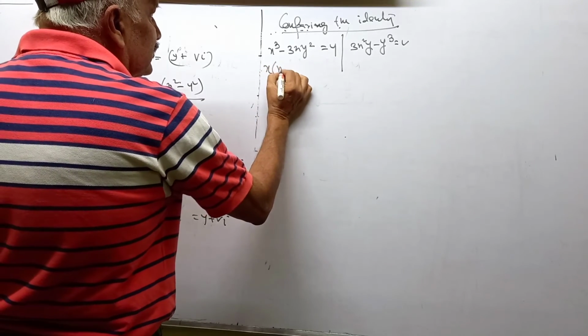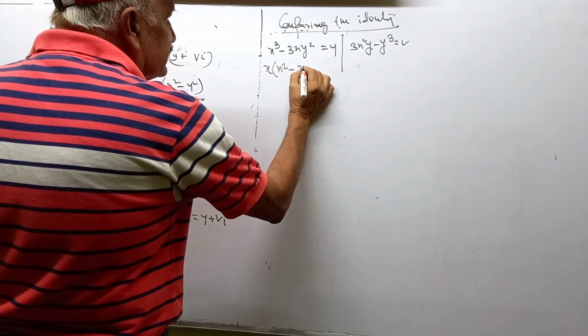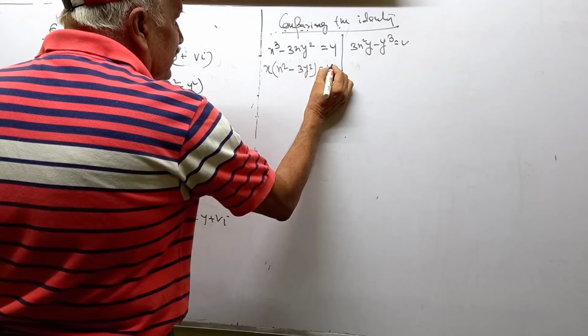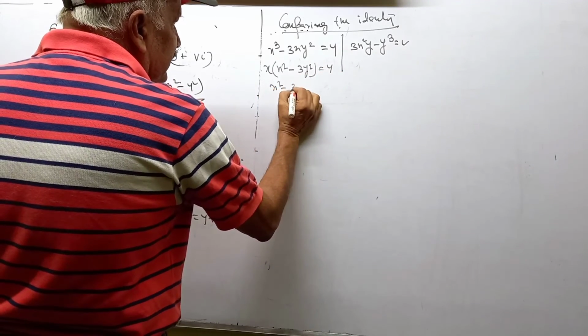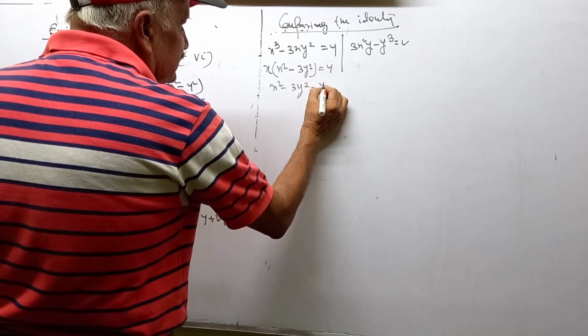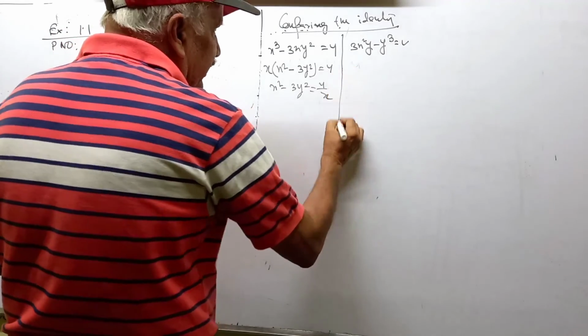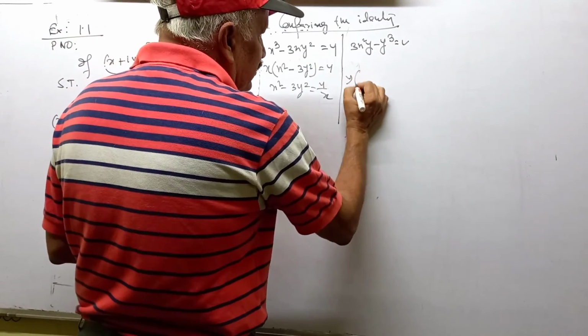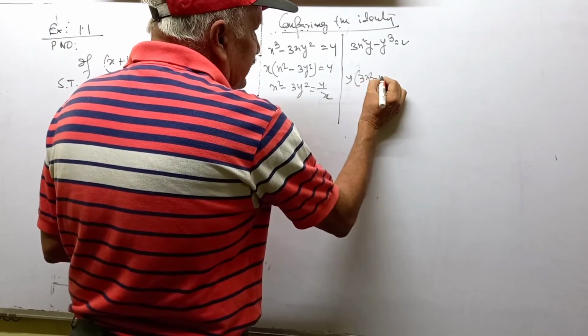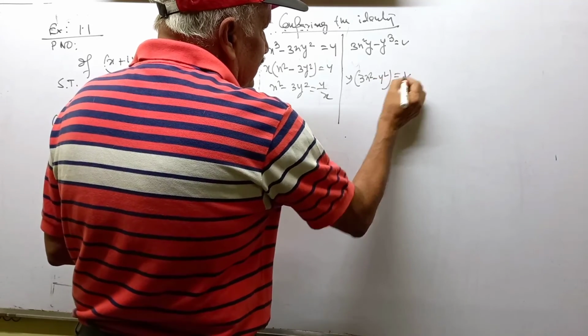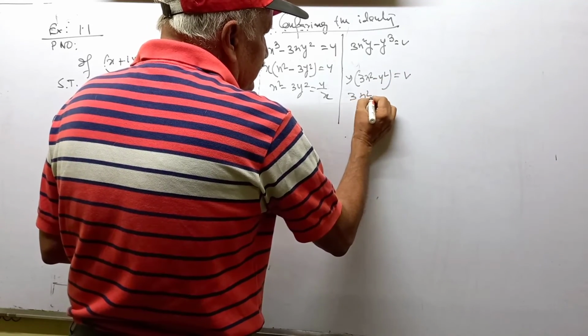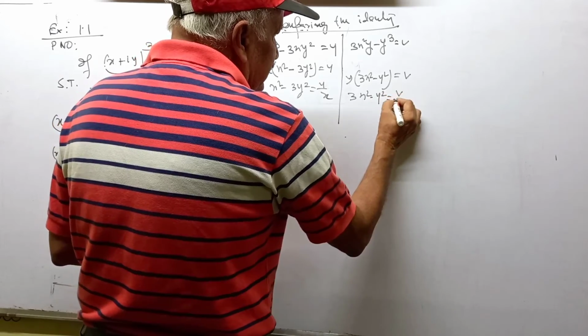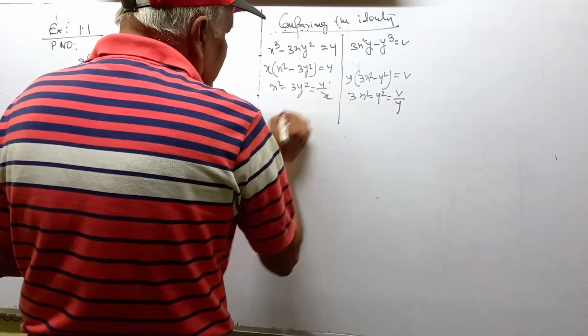Taking x common, x square minus 3y square equal to y by x. Taking y common, 3x square minus y square equal to v by y.